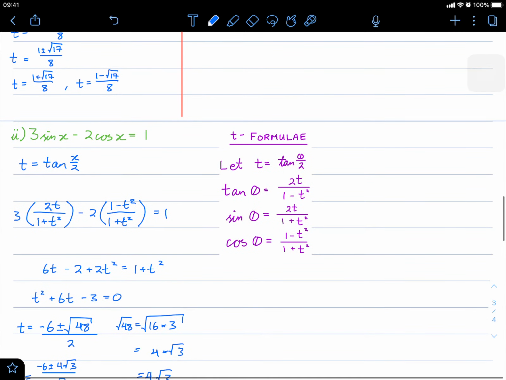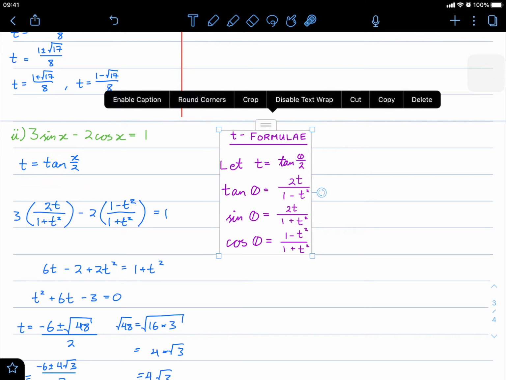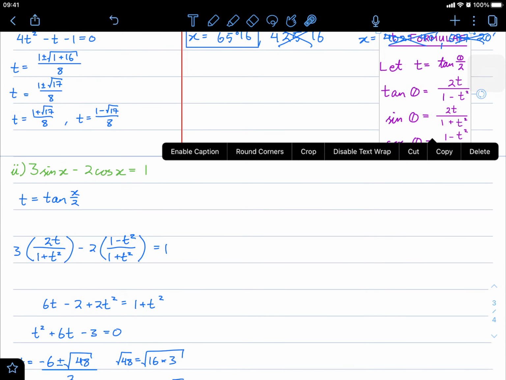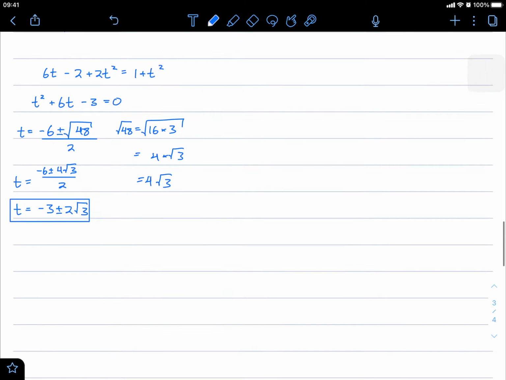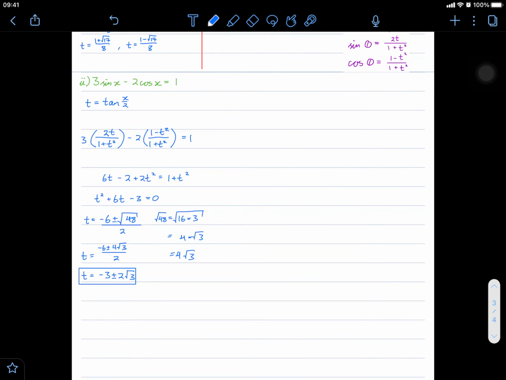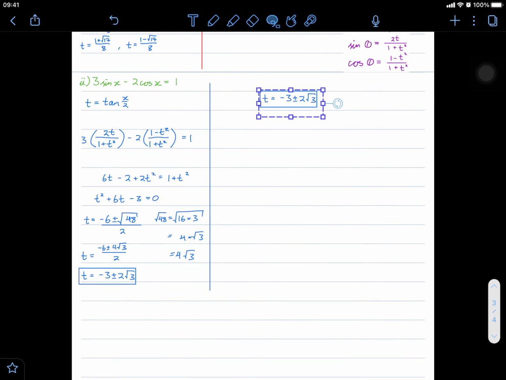However, remember, right at the beginning, we're not solving for t, we need to solve for x. So from this point, we actually need to continue and let's draw a line. Let's bring this back to the top and let's continue from there.